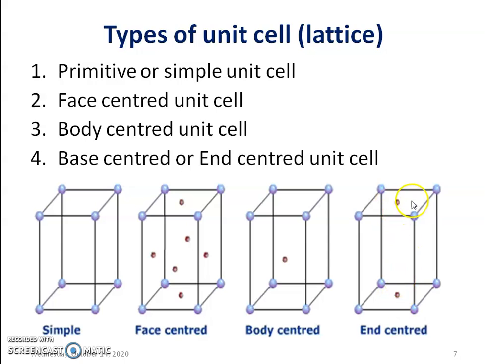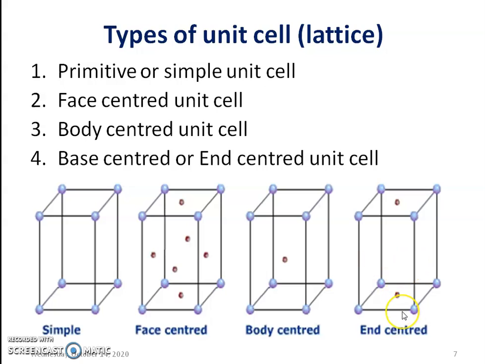Here you can see this is the top face. There is one lattice point at the center of the top face and there is another lattice point placed at the center of the base or bottom face. So this is the end centered unit cell.